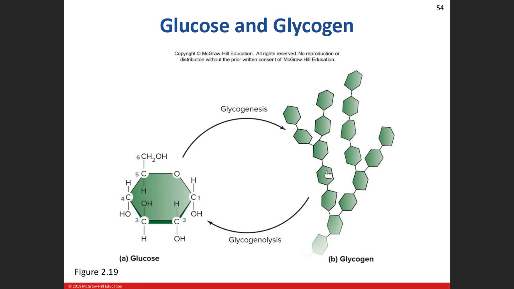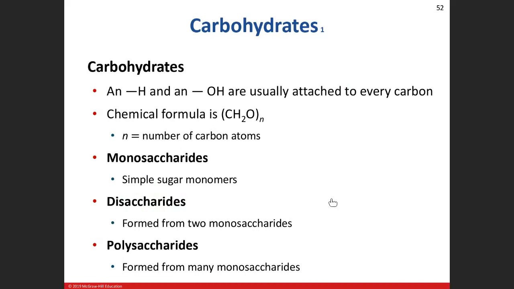When that occurs, we form our polysaccharides, which is glycogen. Once you get two simple sugars or monomers put together, you have what's known as a disaccharide. Going back to this slide, our monosaccharides are our simple sugars.